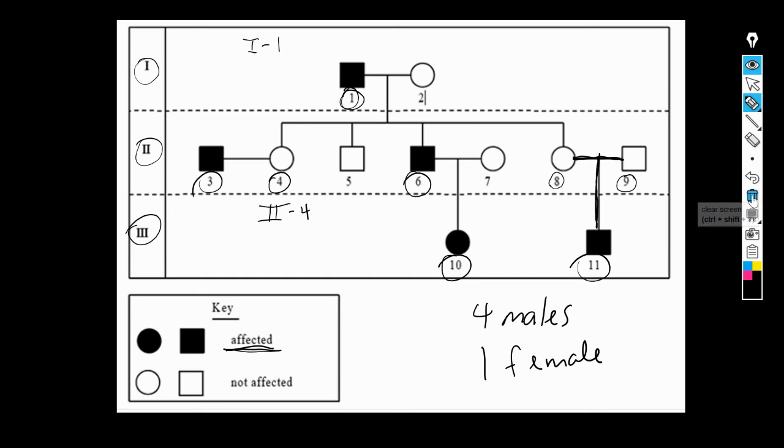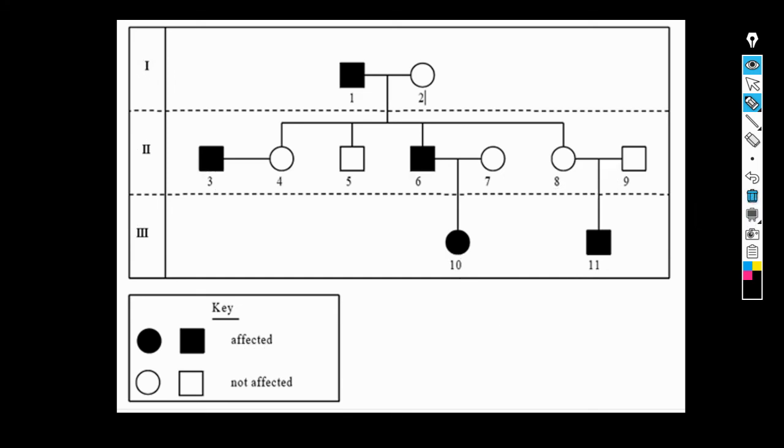So now that we know that this is a sex-linked trait, I'm going to go ahead and put XX for all of my females, and I'm going to put XY for all of my males, because since it's sex linked, I have to include not only the alleles, but also the chromosomes, because the 23rd pair is different for males and females.